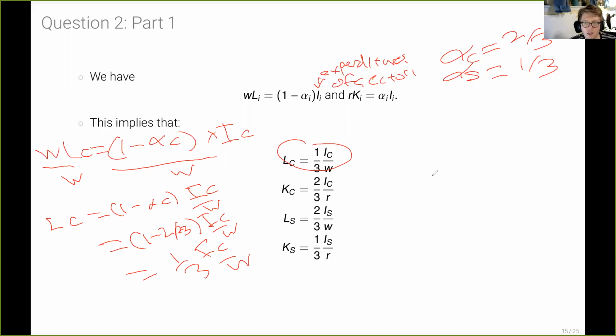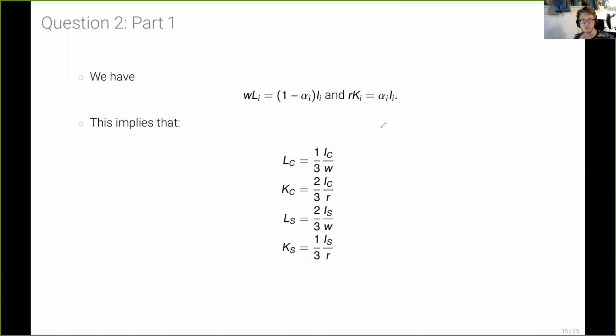I can do the same for the rest, but I think you get the idea. And the upshot is that we get that L_C over K_C and L_S over K_S are given by those. So one thing that we don't know yet is I_C and I_S.